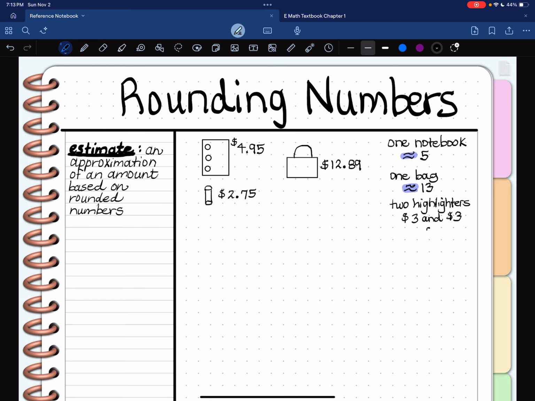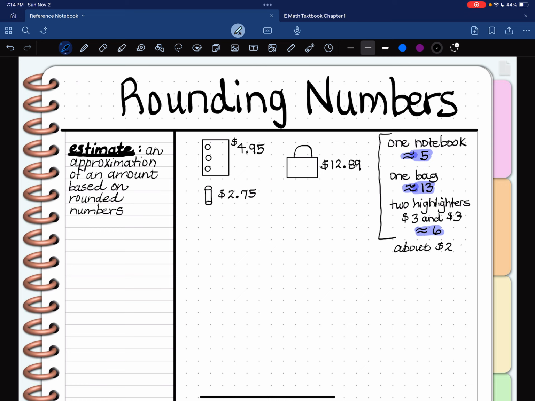So 2 highlighters are approximately $6. So if I buy one of each item, let's do an estimate of what I would spend. So I have 5 plus 13 plus 6. So that is an estimate. It's not an exact answer of what? $24, about $24.